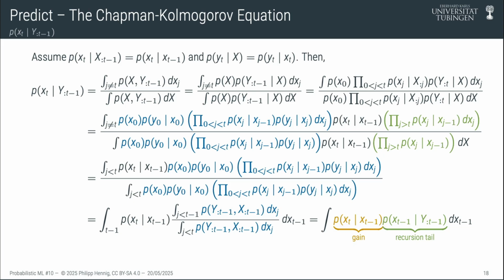So how does this work? We are going to make exactly these two assumptions that I mentioned. We're assuming the Markov property, that's this. And we also assume that observations y are purely local. That means the conditional distribution for any individual observation at time t, given all the latent states, factorizes such that it depends only on the local state. If these two things are true, we can do the following thing.